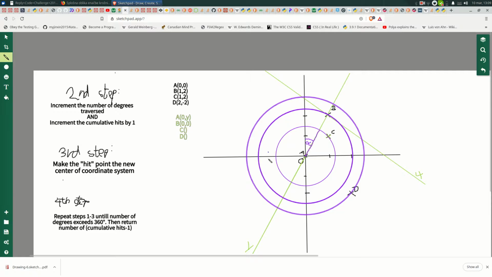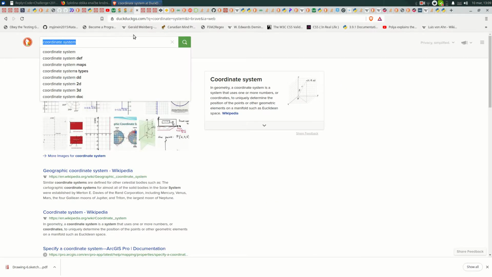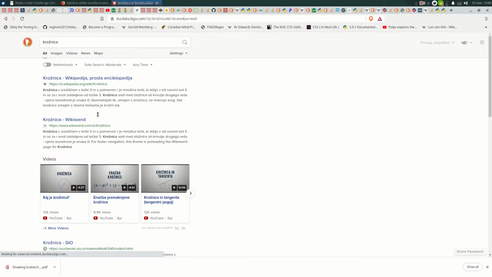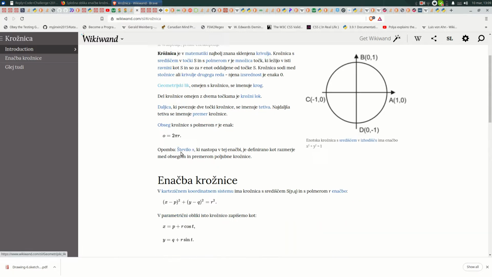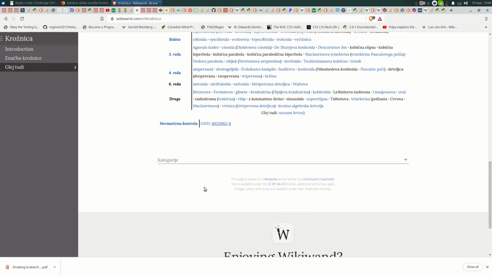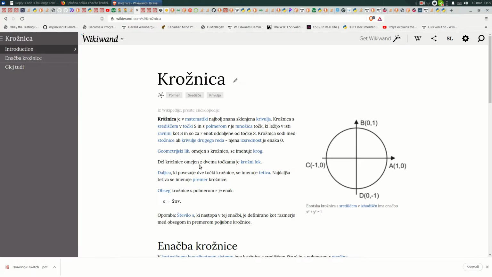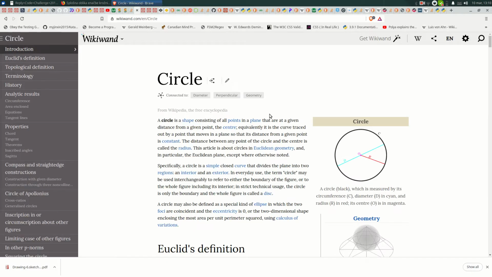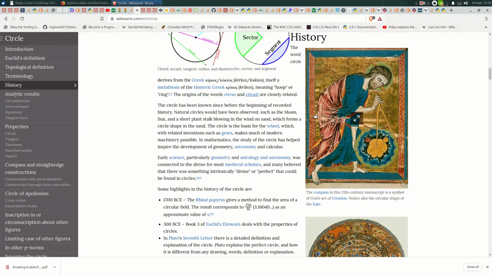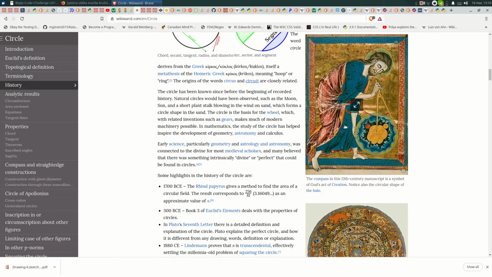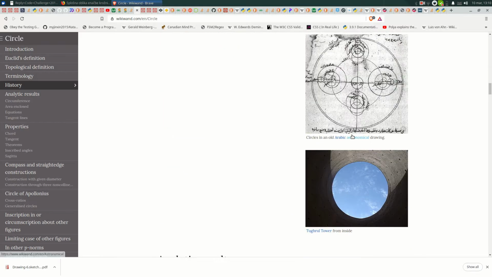We calculate the circle. Where is the Slovenian language, English? The circle, you know. Calculate the circle. This guy was very smart, I guess.